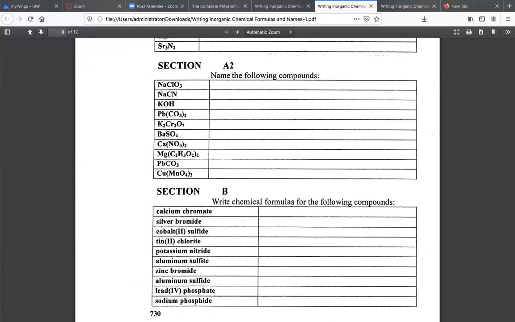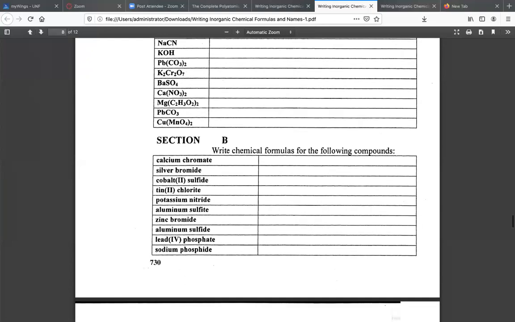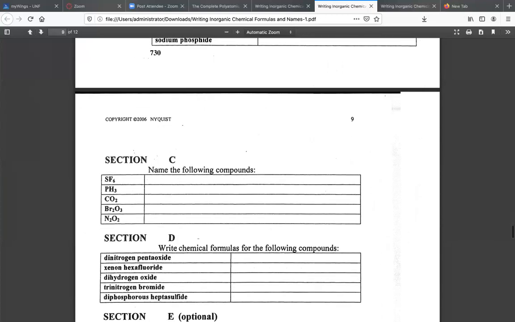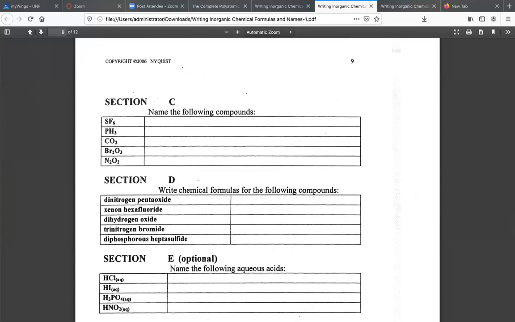Now, given the name, are you able to translate to chemical formula, still using the crossover rule? You know what Roman numeral means, okay? I don't want you to miss that concept.